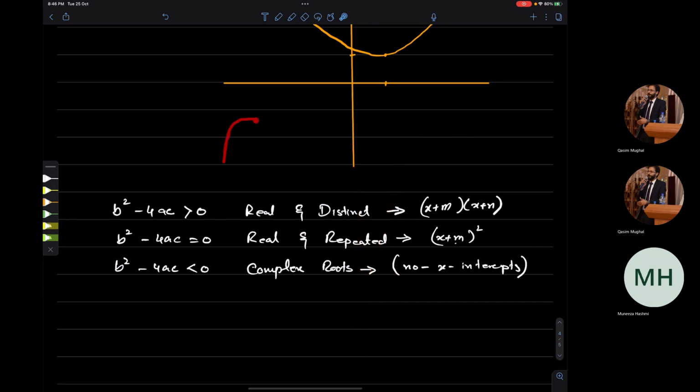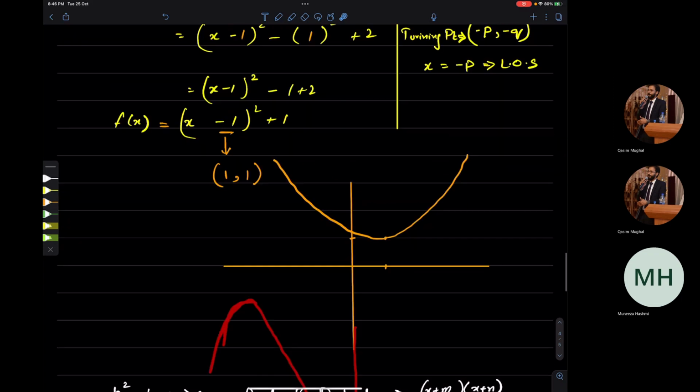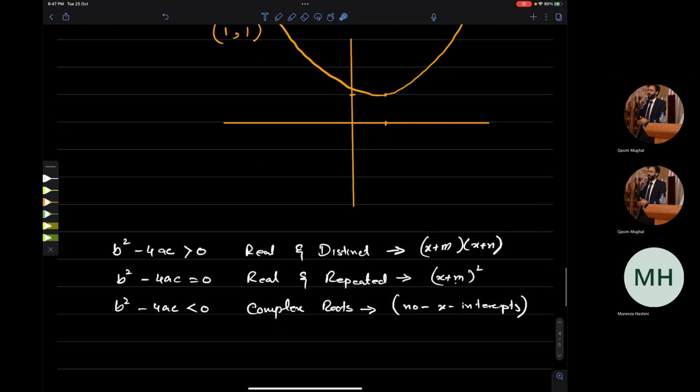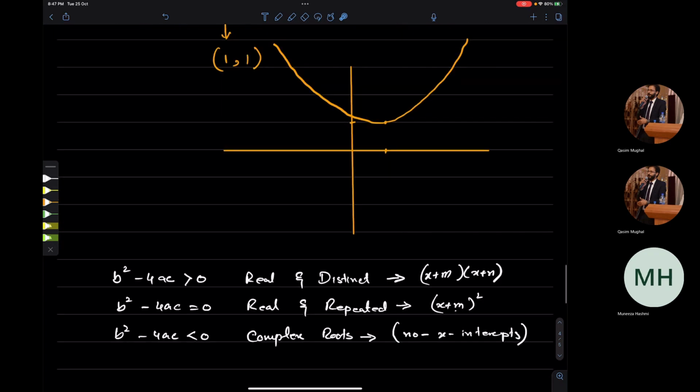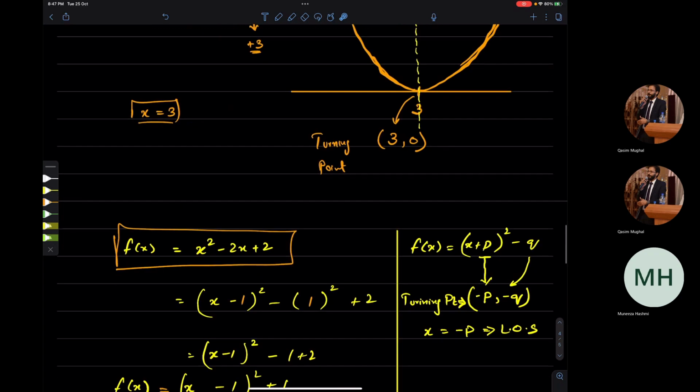No matter where the graph is, it will always cut the y-axis because it expands upward as well, and even if it's the lower parabola, it expands downwards as well. So we will always have a y-intercept.